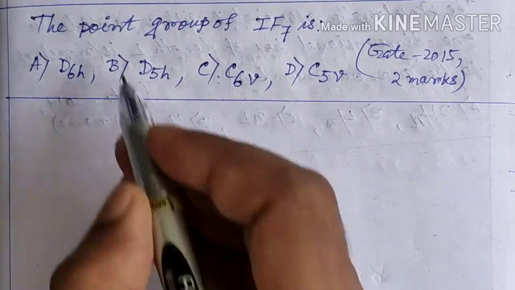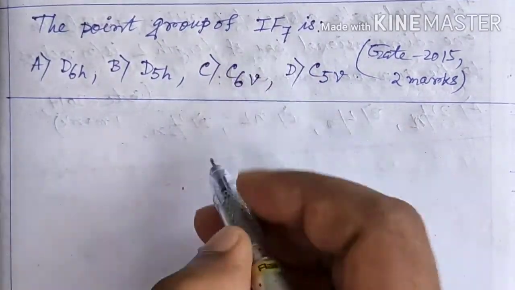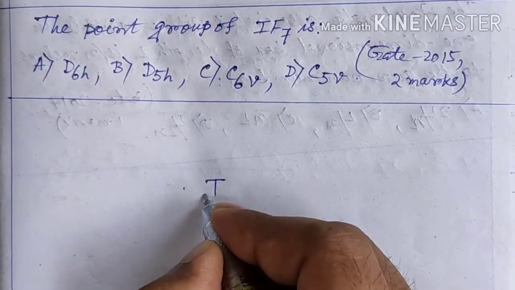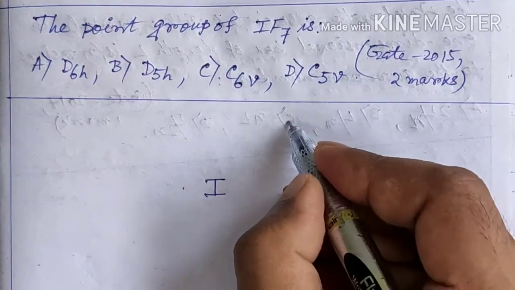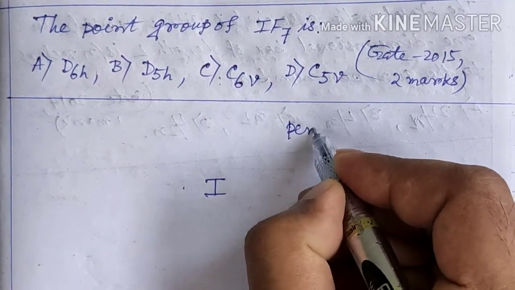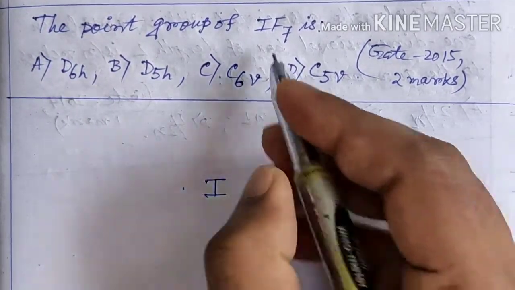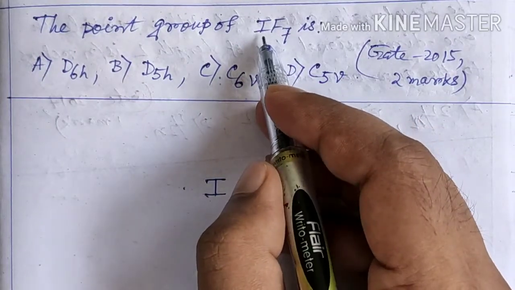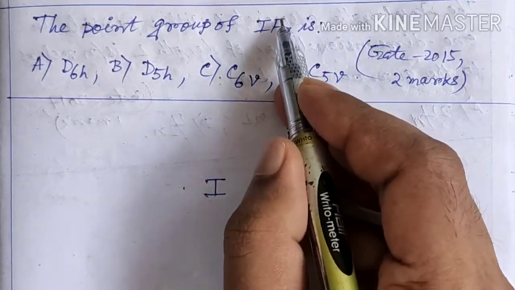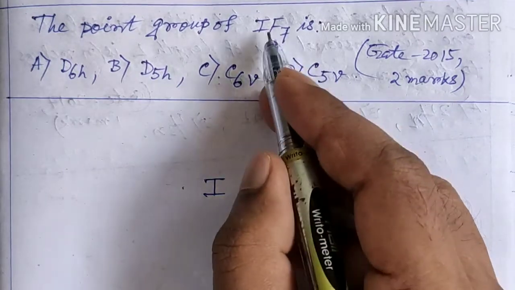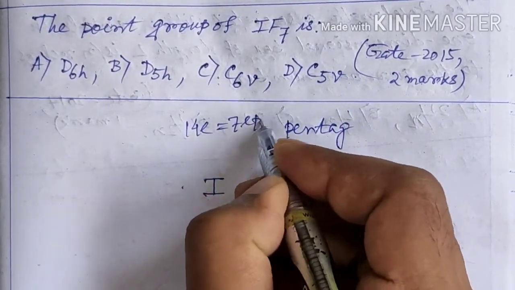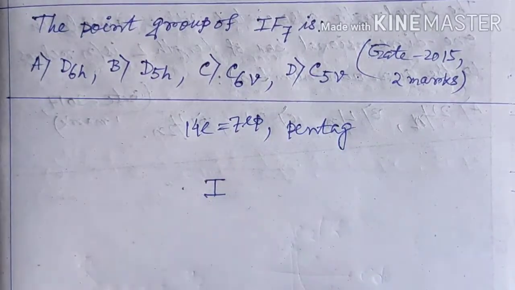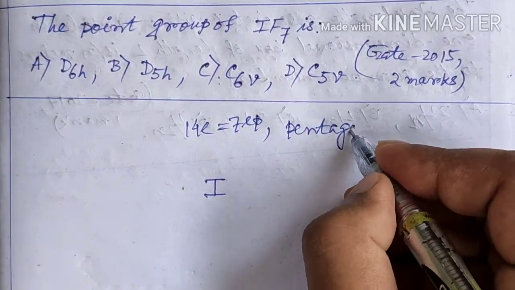It was asked about the point group of IF7. The geometry of IF7 is pentagonal bipyramidal. Since for iodine the number of valence electrons is 7, and 7 fluorines contribute 7 electrons, that is 14 electrons, that means 7 electron pairs, and for that the geometry will be pentagonal.